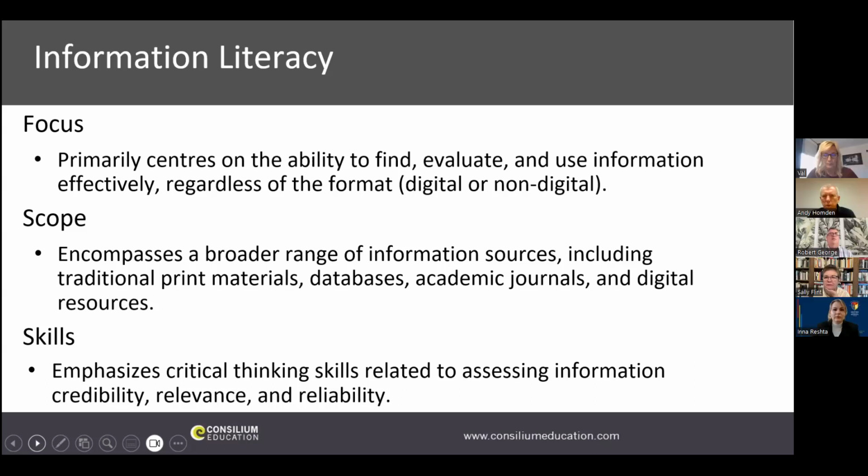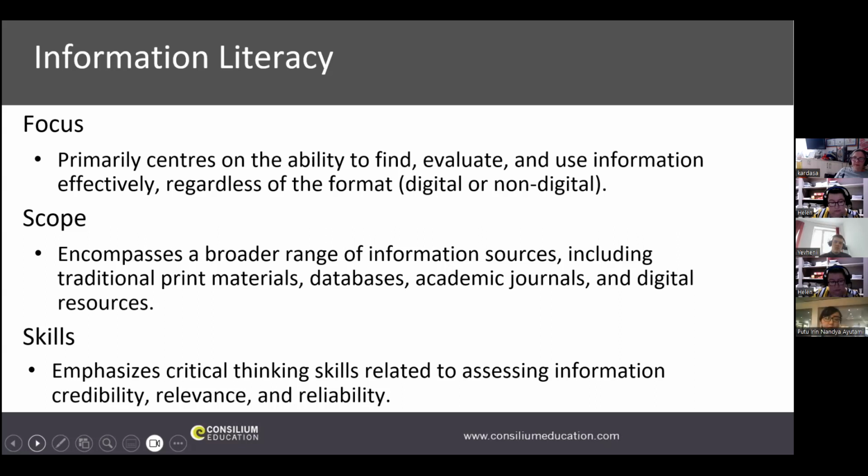So, information literacy, the one we as librarians have been with for a long time, I'm seeing the focus primarily centering on the ability to find, evaluate, and use information effectively, regardless of the format, digital or non-digital. And I guess a lot of us will recognize those as what, in my mind, I would call the big 6 skills. And I guess nearly all of us will have heard of the big 6 model.